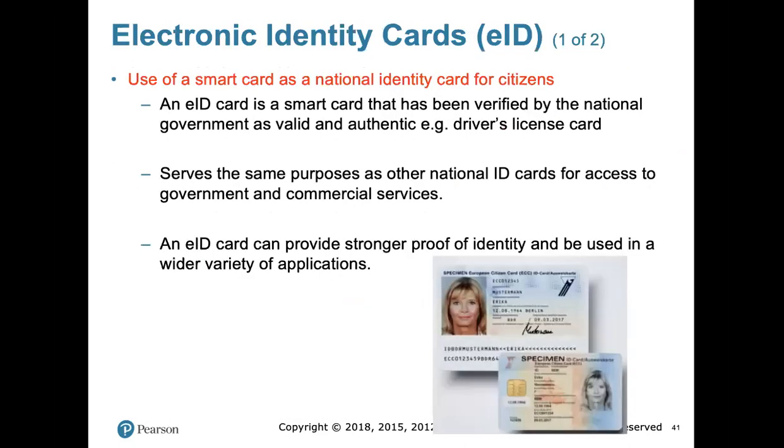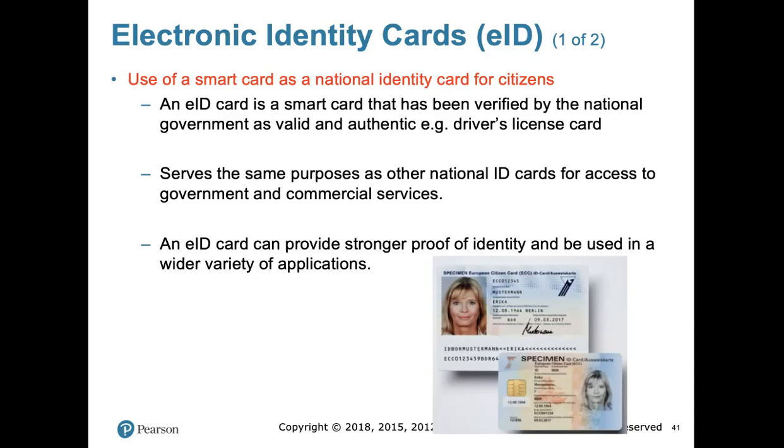Okay, the next thing I guess we probably can put for, it takes more than maybe 10-15 minutes. So let us stop here, and I'm going to talk about electronic identity cards, or EIDs, as another example of smart cards.